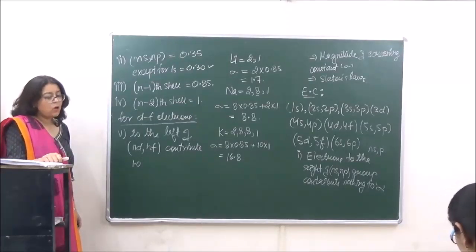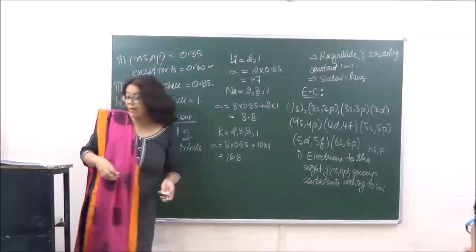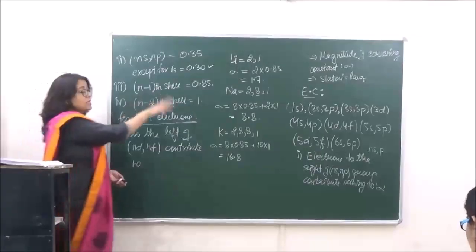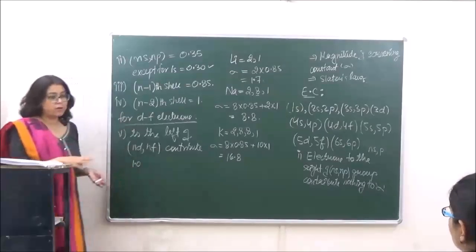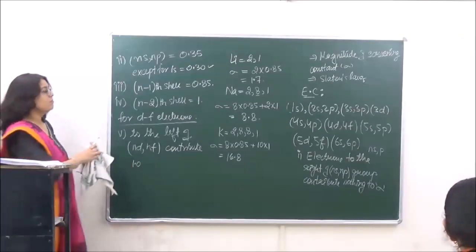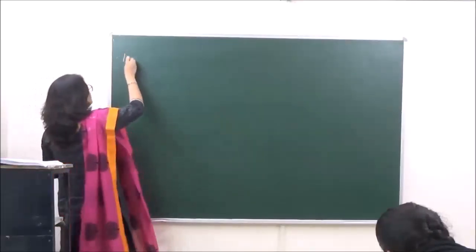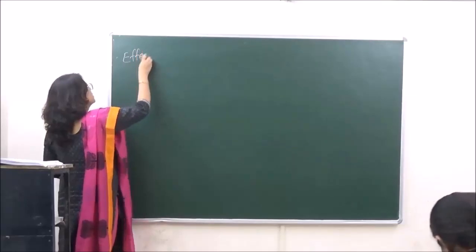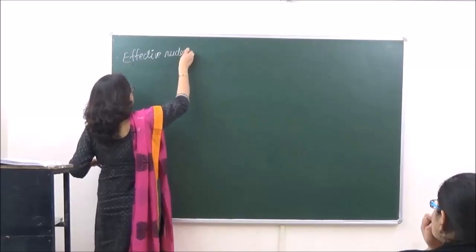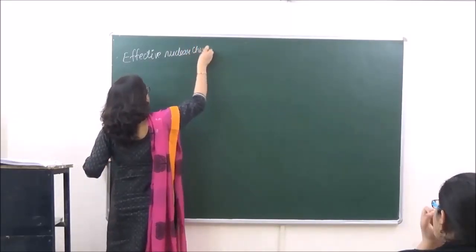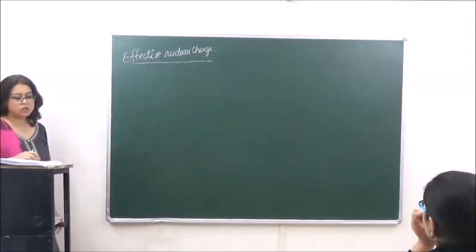Now when we are talking of shielding effect, we come across another property which is known as the effective nuclear charge. All this that we are doing over here is going to help you understand the properties better. So the next one is effective nuclear charge. What do we understand by the term effective nuclear charge?